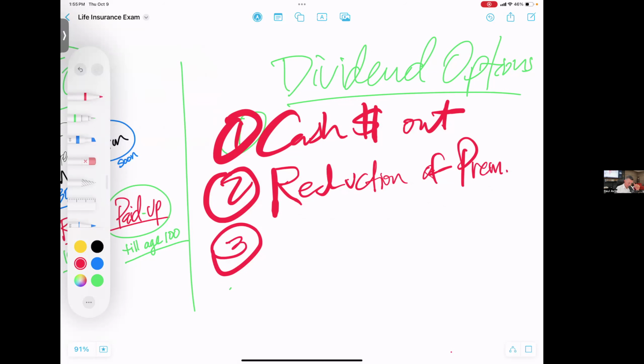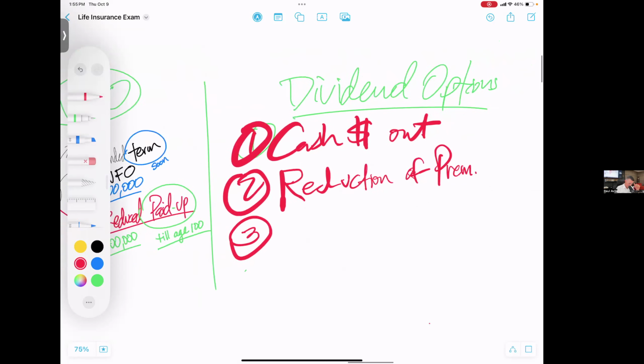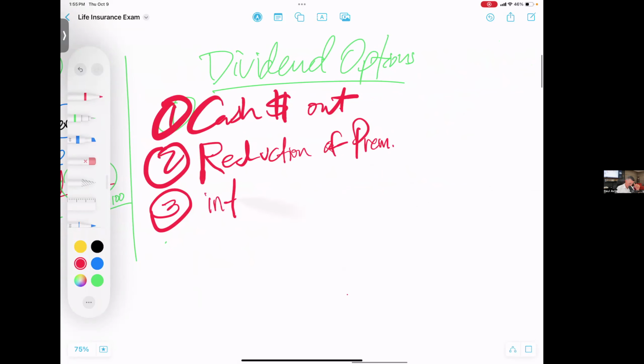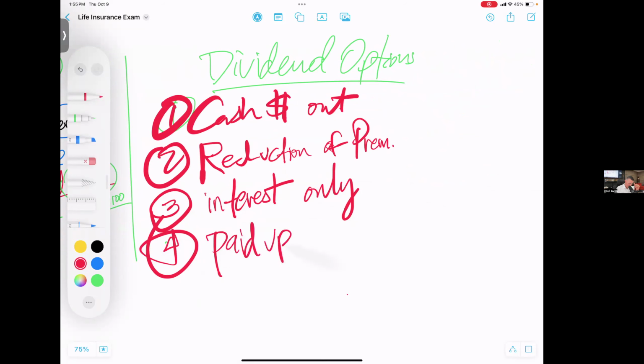Number three is interest only. Basically they put the dividends into an account and you get interest. Number four is paid up additions.